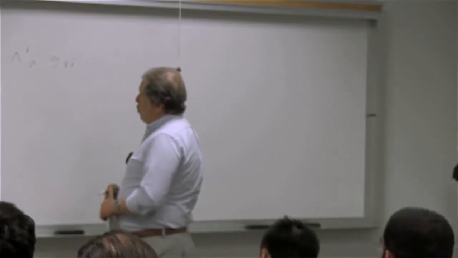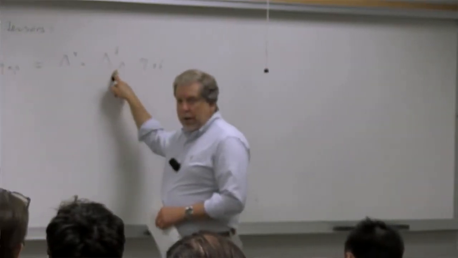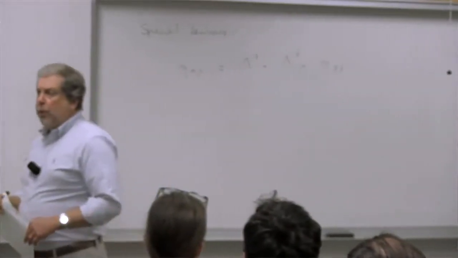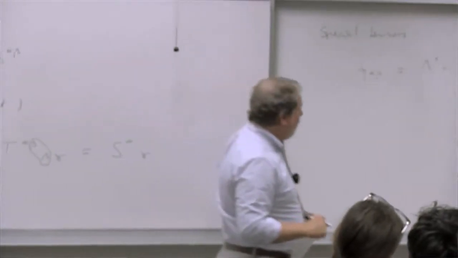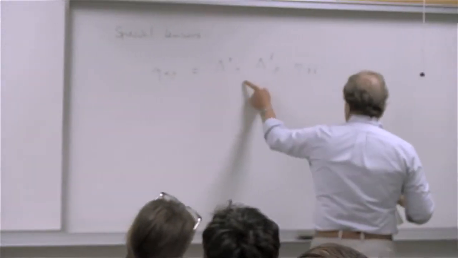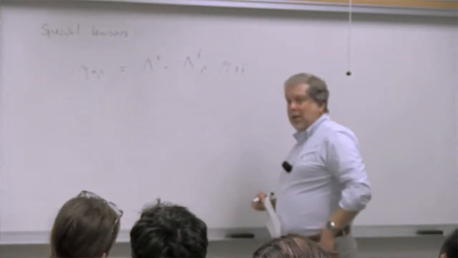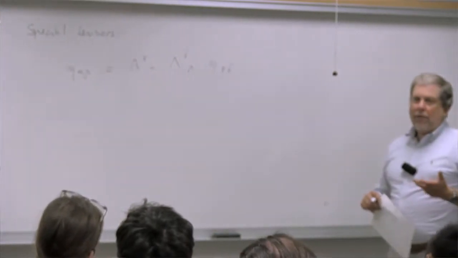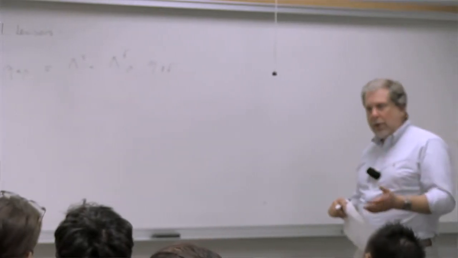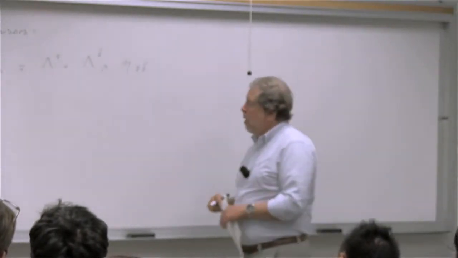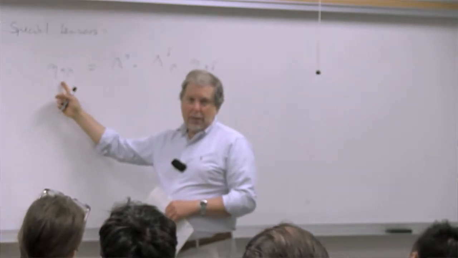And it is true. And as a result, by staring at this relationship, we can see that when eta is transformed by a Lorentz transformation, first of all, it still gives a tensor, because it still gives eta alpha beta, which is a two-index object with indices downstairs, which is a tensor. But it happens to be exactly the same tensor.